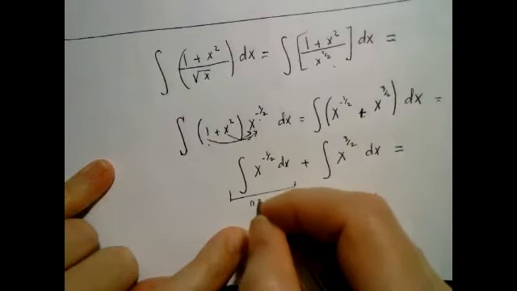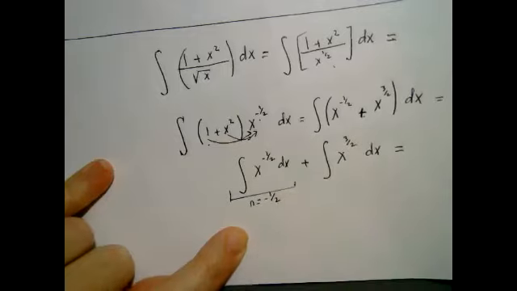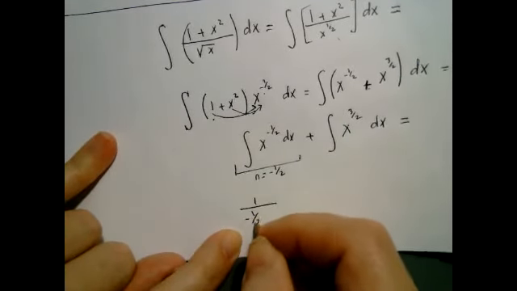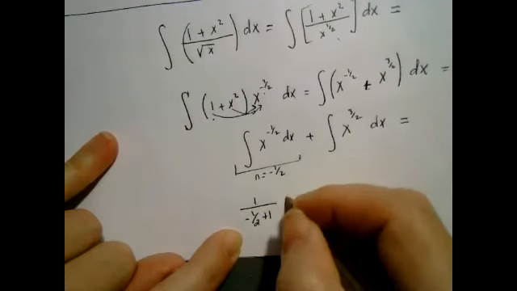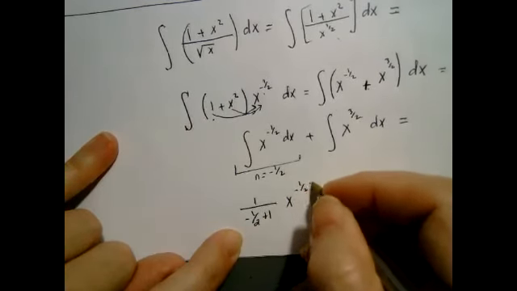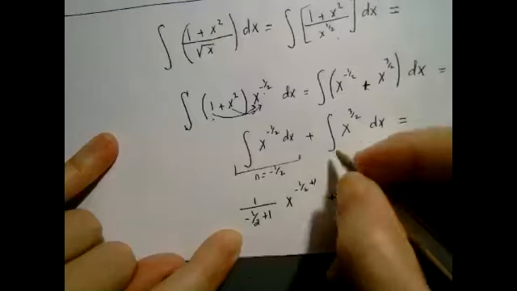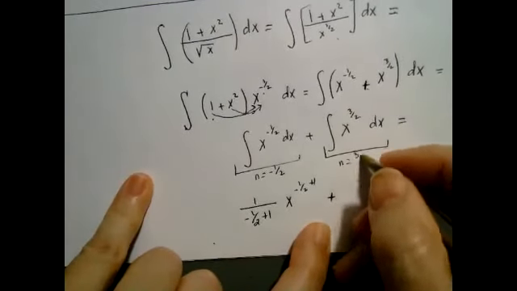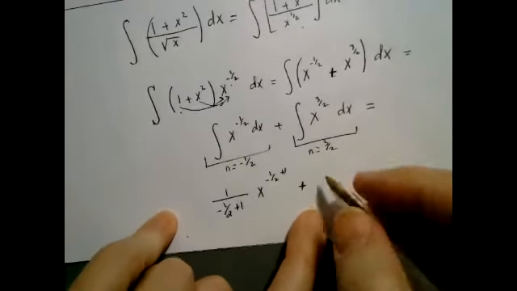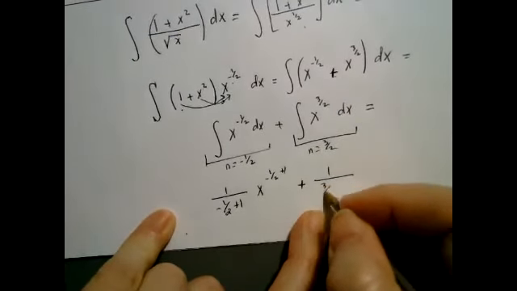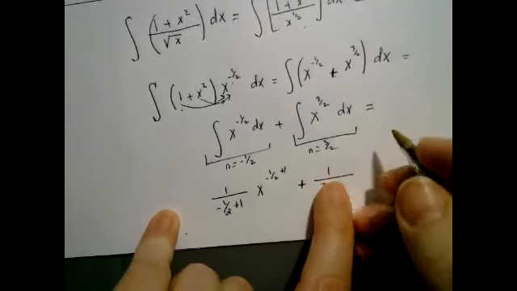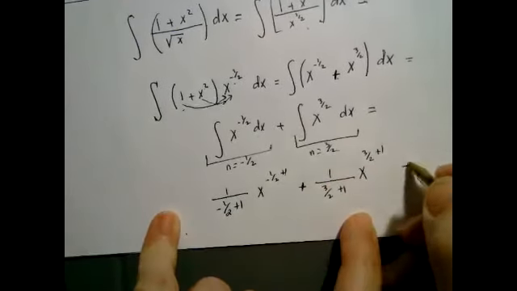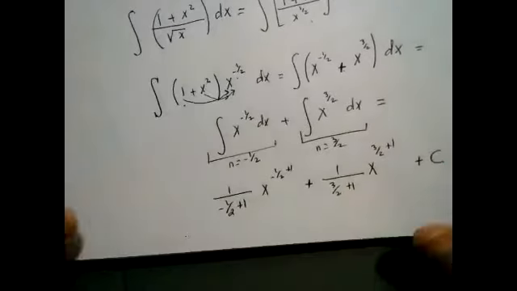My n here is minus a half, so I will get 1 over minus a half plus 1 times x to the minus a half plus 1, plus my n here is 3 halves, so I will have 1 over 3 halves plus 1 times x to the 3 halves plus 1, plus my constant.